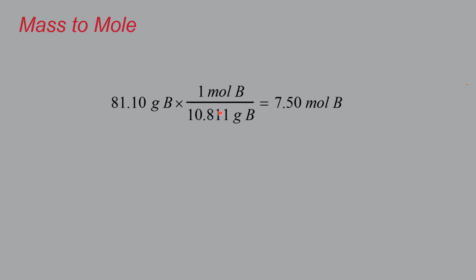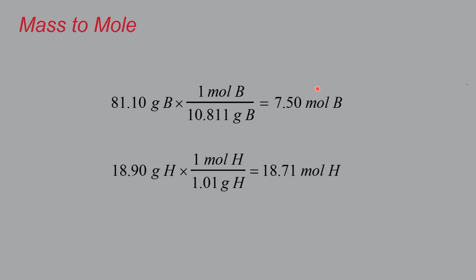A mole of boron clocks in at 10.81 grams, so grams of boron cancel, and this is going to give us 7.5 moles of boron. Do the same thing for all of the elements. In this case, it was just hydrogen that's left. So I've got 18.9 grams of hydrogen. Each mole of hydrogen clocks in at 1 gram. And that means that I've got 18.71 moles of hydrogen.